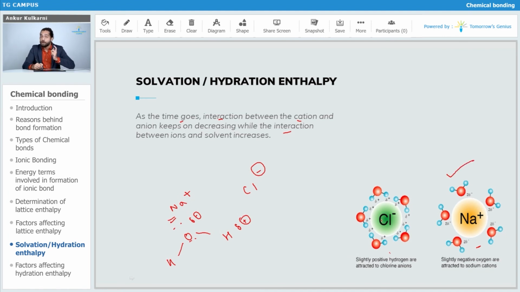When we talk about chlorine, since we have two hydrogens, there will be some kind of attraction between these two hydrogens and the chlorine of sodium chloride. So something like this happens. The enthalpy which is released in this process is your hydration enthalpy or solvation, correct? So let's go ahead.